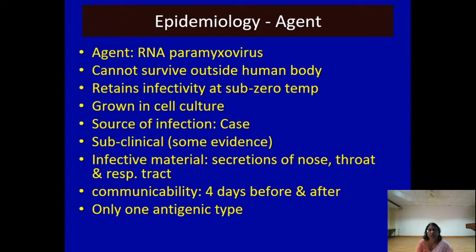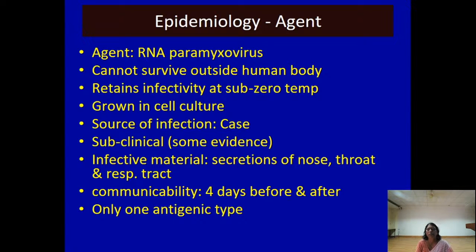What is the source of infection? The source of infection is mainly the case. It can be the case or it can also be in the subclinical form, but there is very little evidence because it's an acute contagious disease.